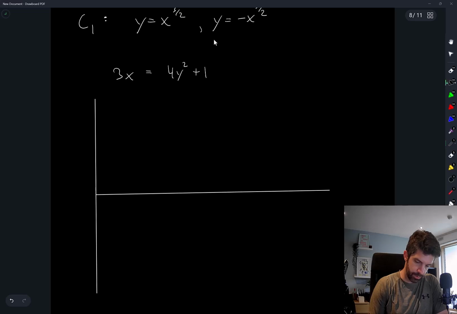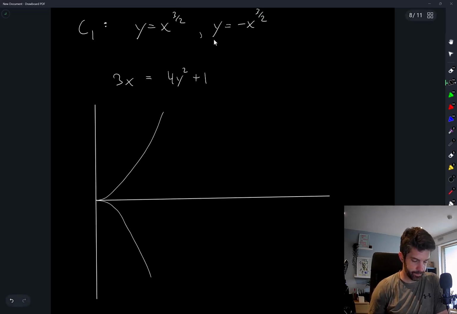So the original curve is something like that. It's not quadratic, but it's more than linear. When y is equal to 0, x is equal to 1 over 3.